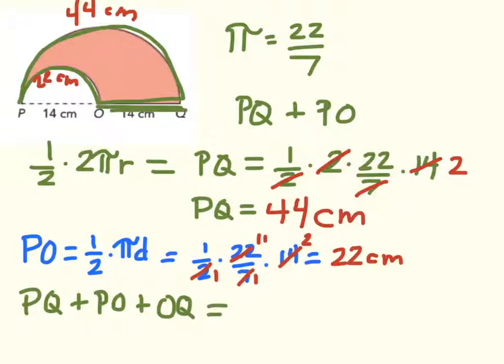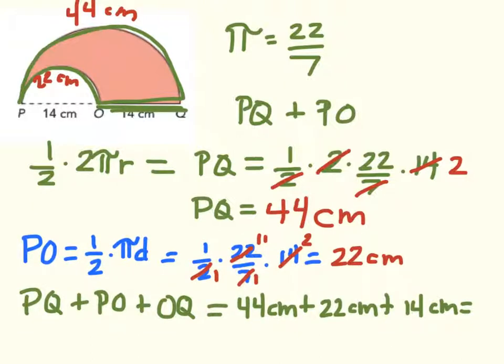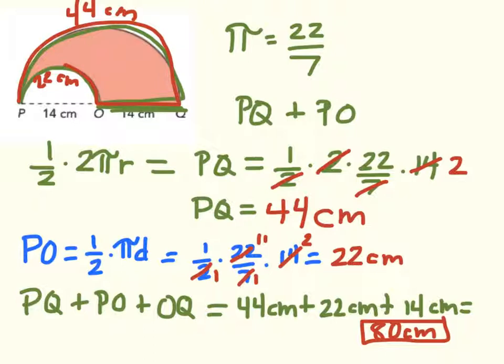Let's do it. PQ is 44 centimeters. PO is 22 centimeters. OQ is 14 centimeters. Add it all up, and what do you get? 80 centimeters. So the distance around the entire shape is 80 centimeters.